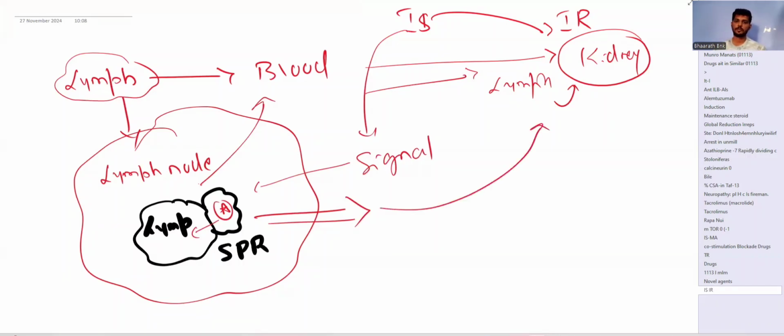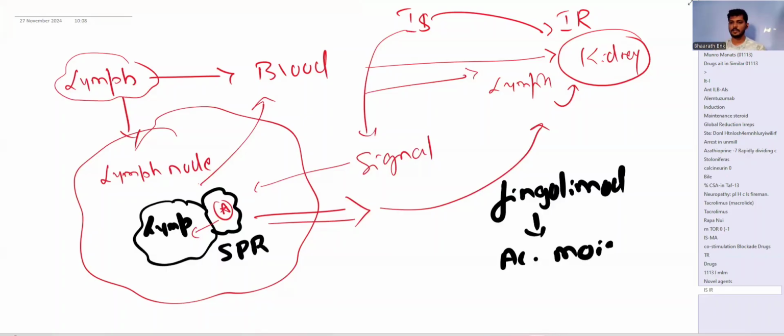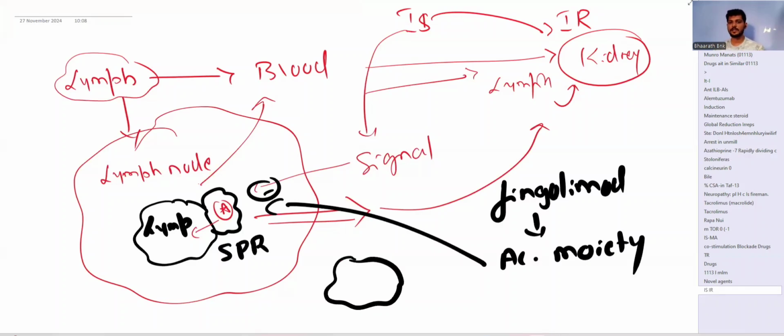So when you give fingolimod, it gets converted into an active moiety, and this active substance will internalize this receptor. Right? So if this is a lymphocyte, it makes the cell surface receptor become internal. So even when there is a signal, it is not sensed by the lymphocyte, and it will not come out of the lymph node.